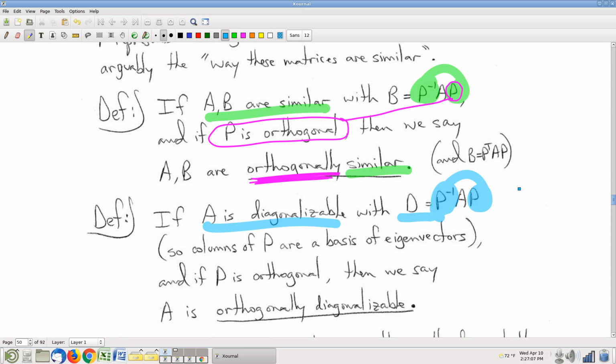Okay, fine. So analogously, if you know more information about the conjugating matrix P, then you have a refinement of the notion of diagonalizability. Diagonalizable still means that P exists. The fact that the conjugation is special, by way of an orthogonal matrix, means that we're talking about orthogonal diagonalizability.